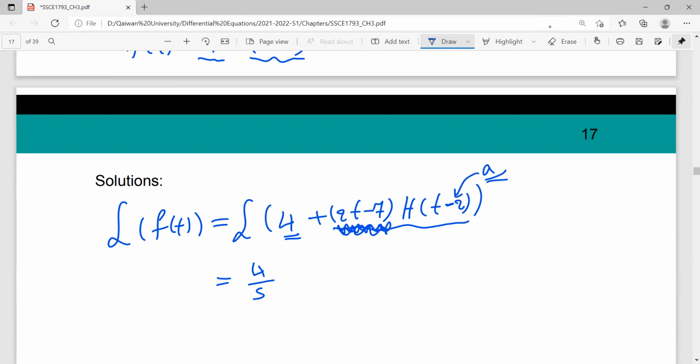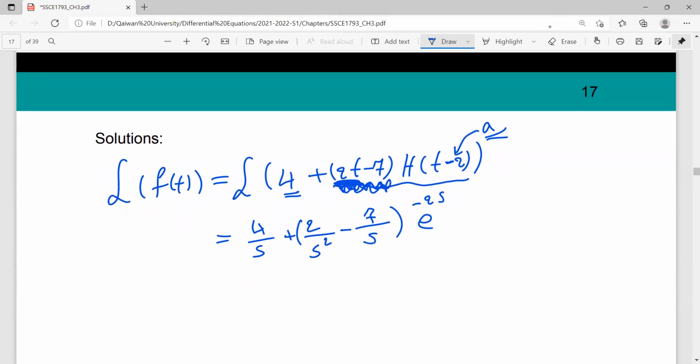This is a. We say it equals the Laplace transform of 2t is 2 over s squared. 2 is the constant, and the Laplace transform of t, as the exponent is 1, is 1 factorial divided by s to the power 1 plus 1, which is 2. Minus 7 divided by s, it's a constant. This equals e to the power minus 2s.